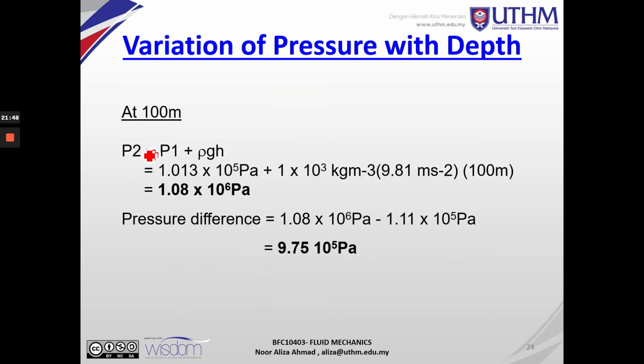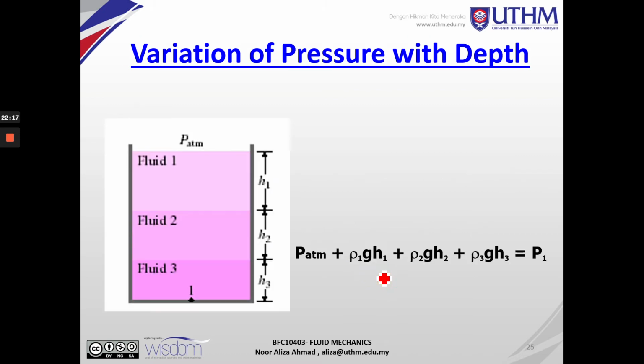At 100 meters, we use a different h, so we use 100 and get the value here. So the pressure difference is the pressure at 100 meters minus the pressure at 1 meter, and we get this value.